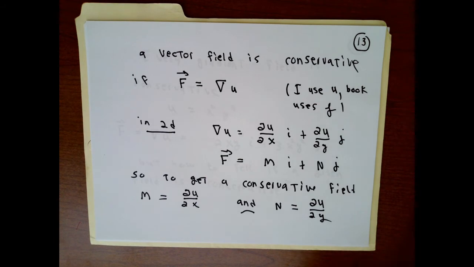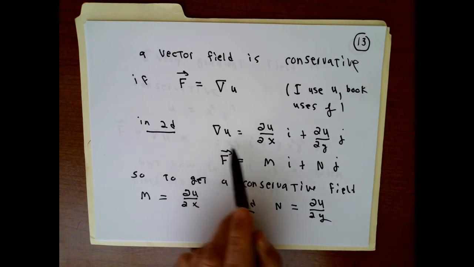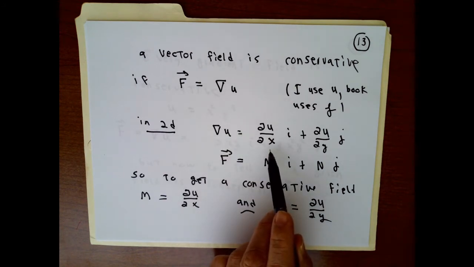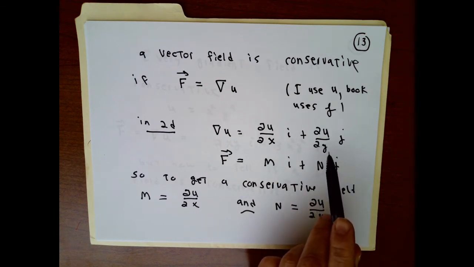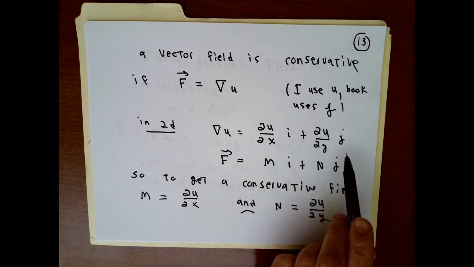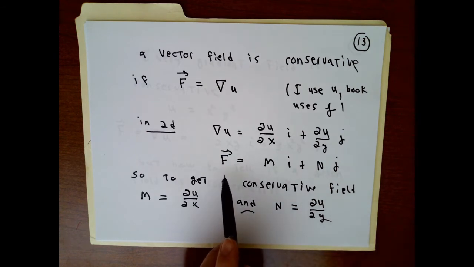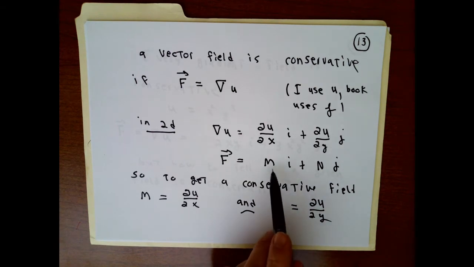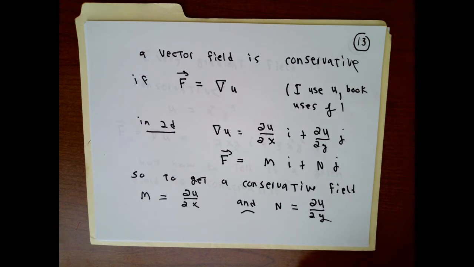If you were in 2 dimensions and you had such a thing, the gradient of a scalar function is the partial of u with respect to x times vector i plus partial of u with respect to y times vector j. But on the other hand, we said that we were generically going to call 2-dimensional vector fields m times i plus n times j.